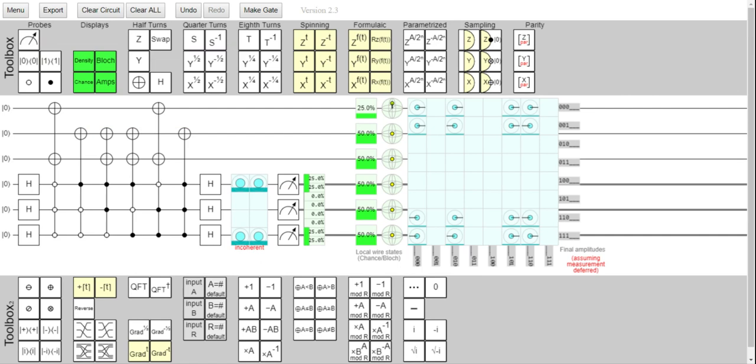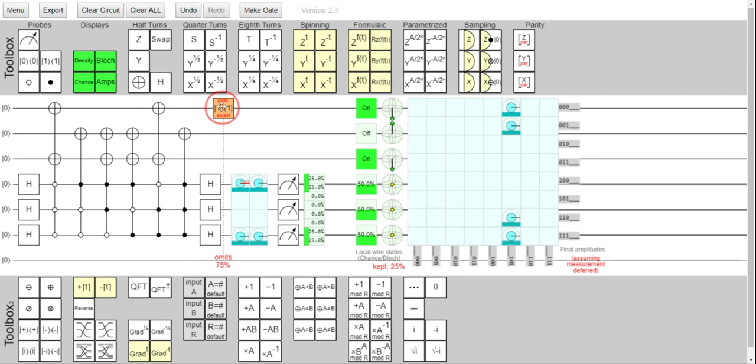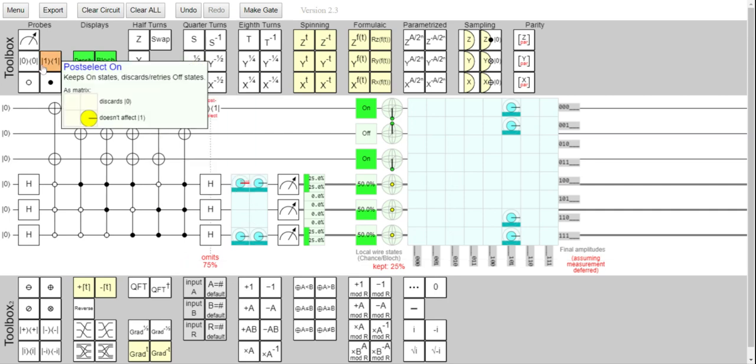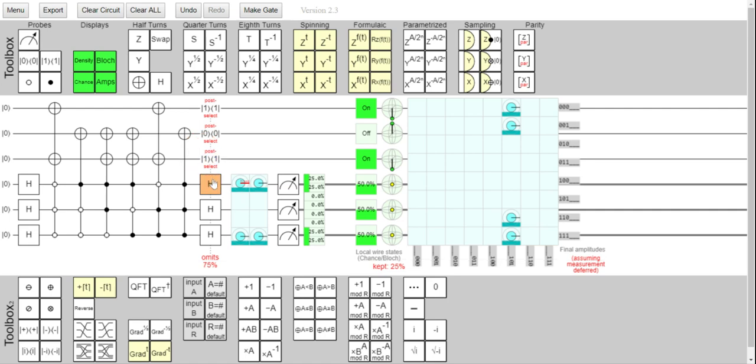So I'm assuming that I measure 101, right? 101. And I should do that post selection probably. 101. So here I'm measuring 101.